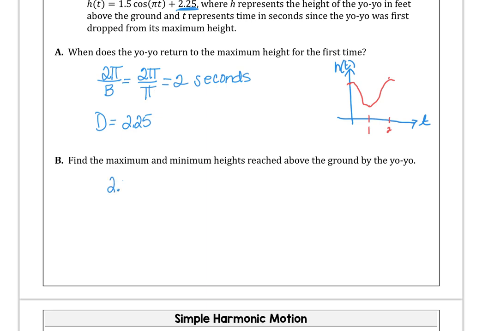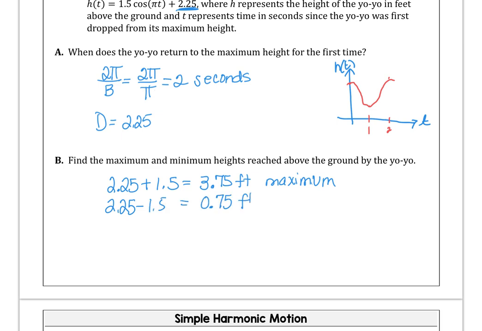We have 2 1/4 plus the a value of 1 1/2. That gives us 3.75 feet for the maximum. And if we subtract, we would have 2 1/4 minus 1 1/2, which gives us 3/4 of a foot as a minimum value.